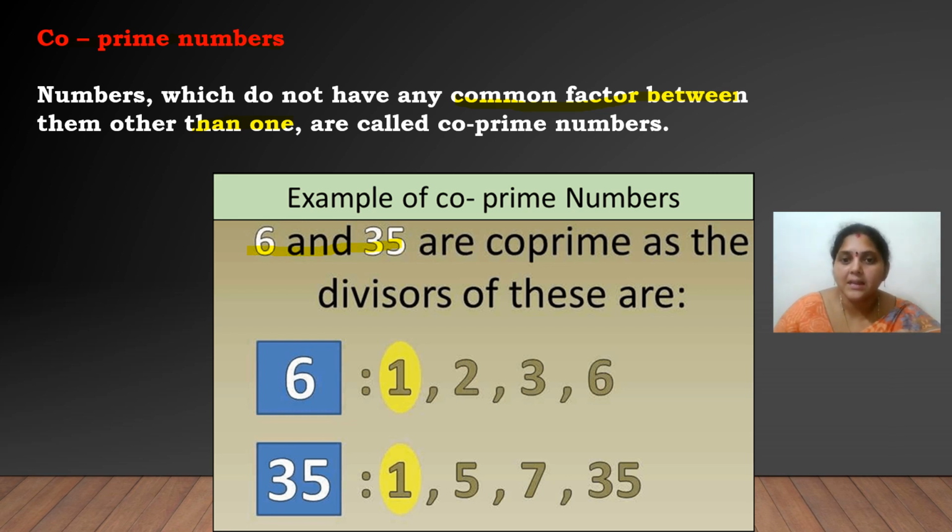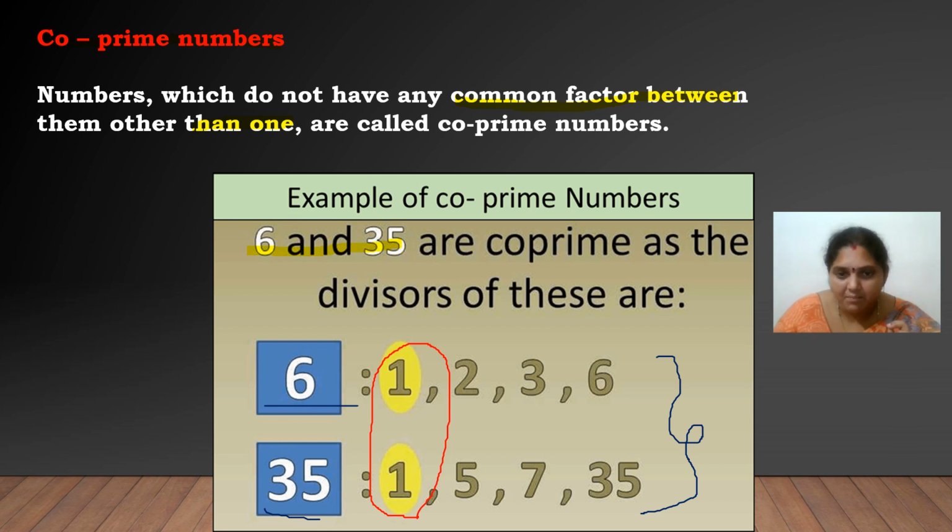Now when you compare the factors of both these numbers, you can find only one common factor. What is that one common factor here? The digit 1 is common among them. So such types of numbers are known as co-prime numbers.